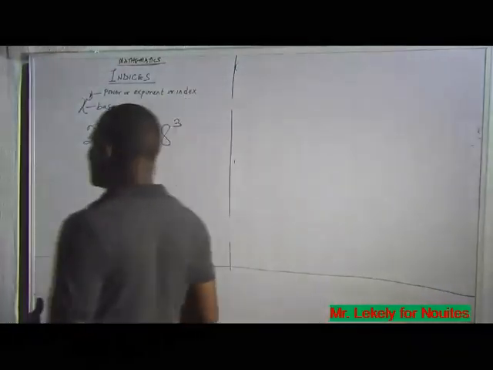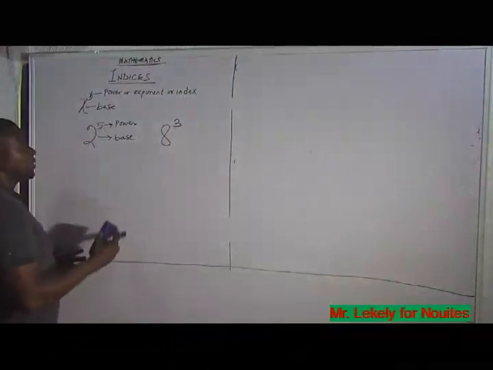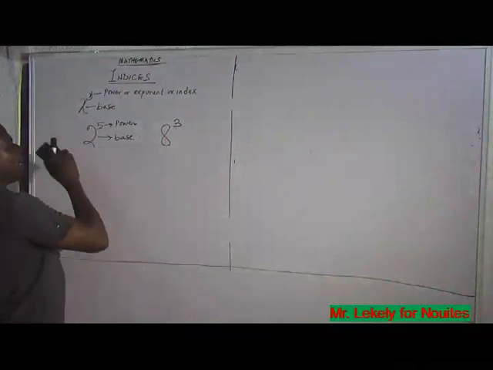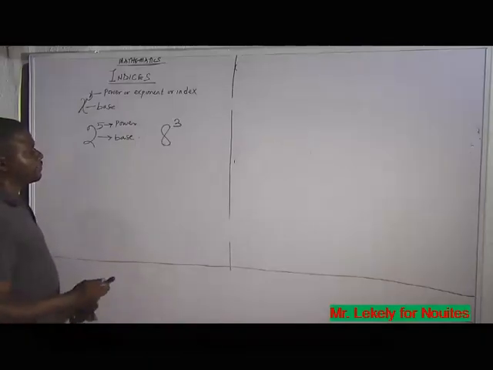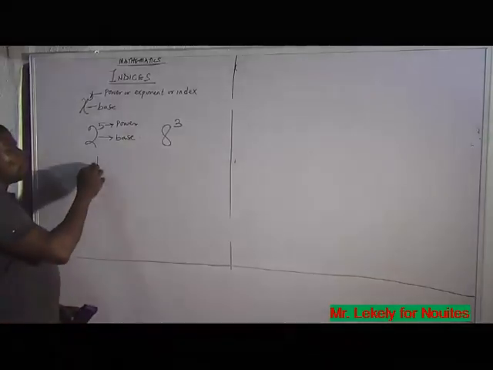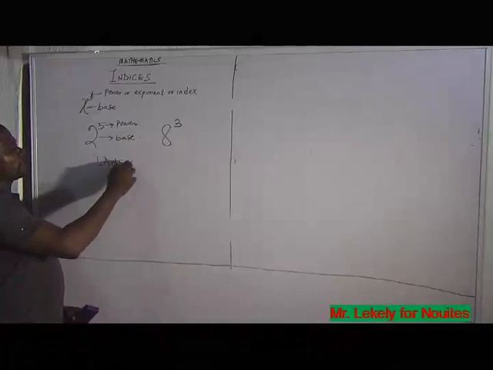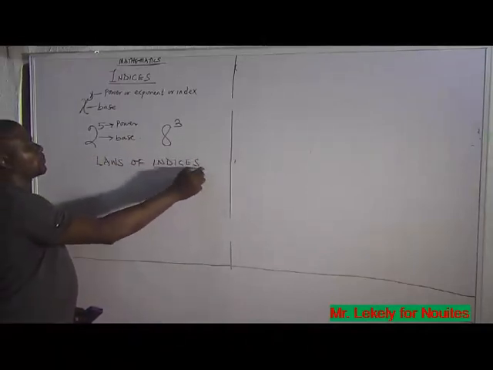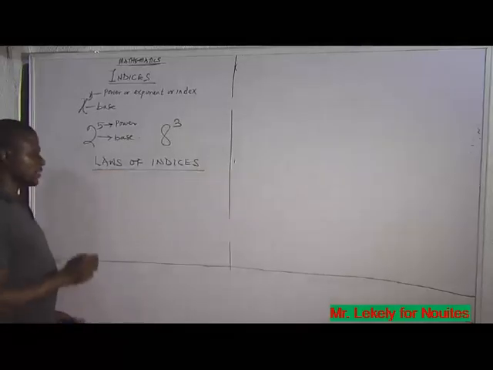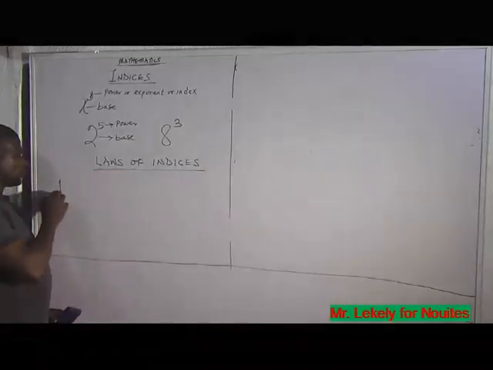What are the laws that are guiding numbers that have to do with power, exponents, or base? Okay, laws of indices. Now the laws of indices, we have law 1.